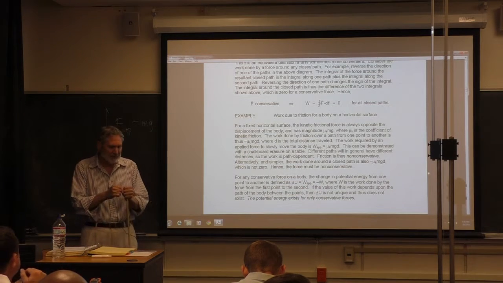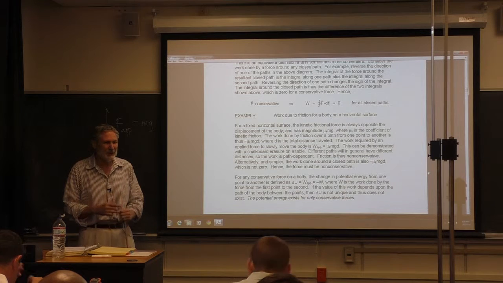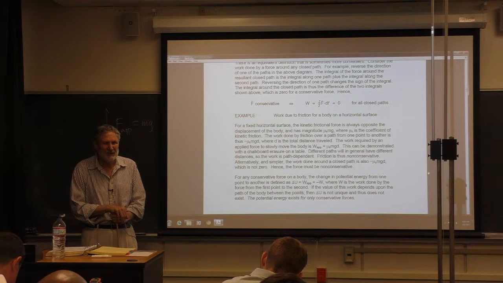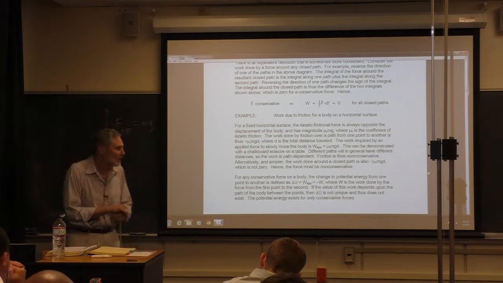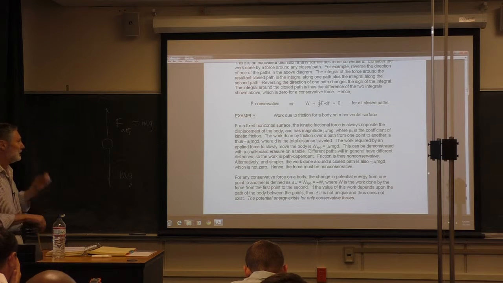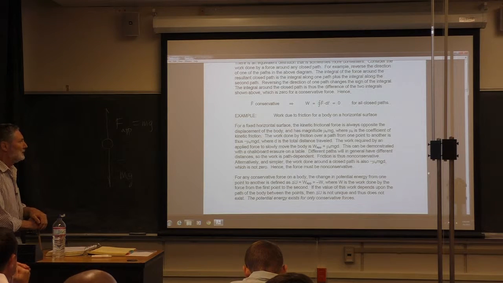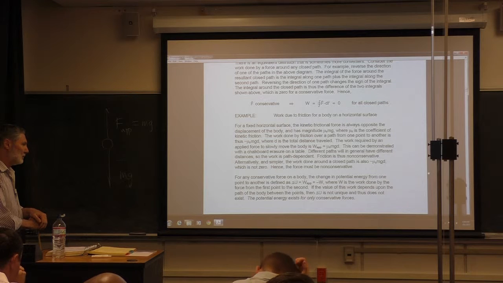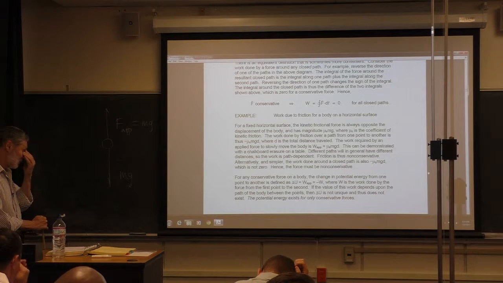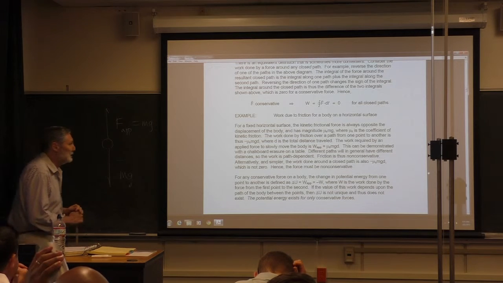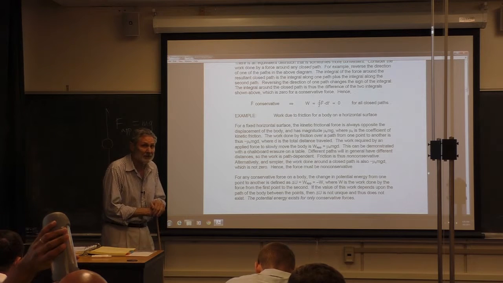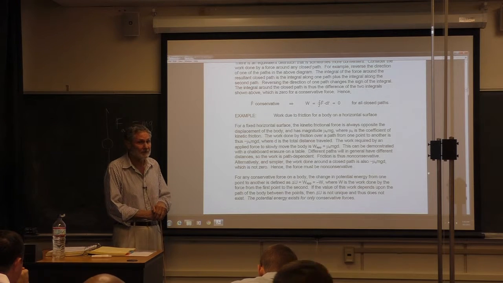If we get different potential energies for different paths, that's trouble. You can tell that's going to be trouble. But it's removed here because the potential energy does not exist for a non-conservative force.